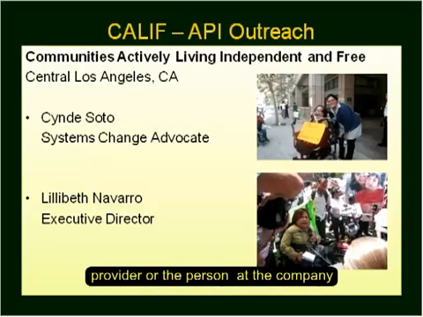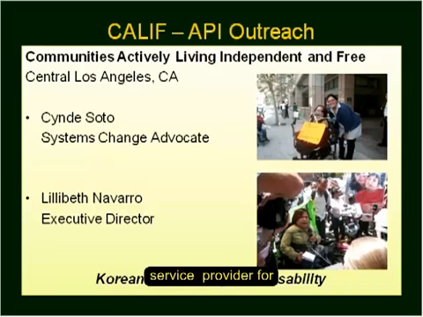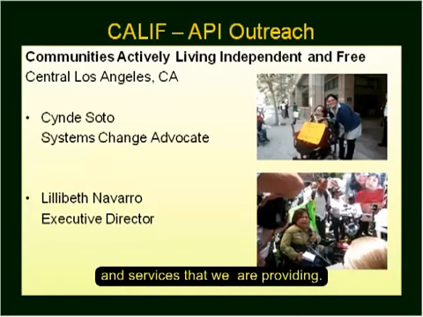They see the service provider, the person at the company or agency, as the authority. The more training and education they have, the more they look to the service provider for direction, and they're a little more passive. They're like passive recipients of the information or services that we are providing.